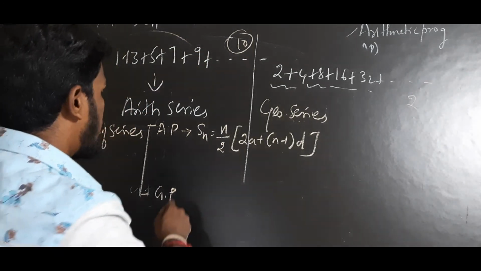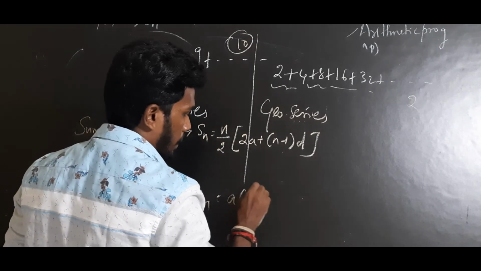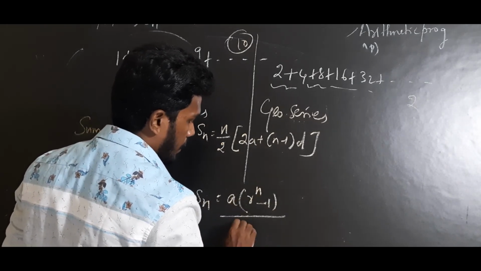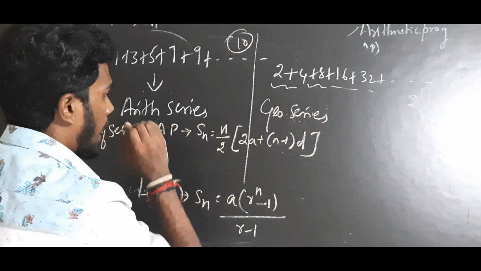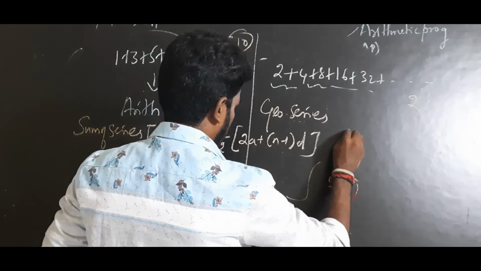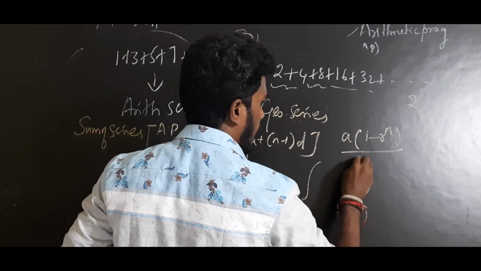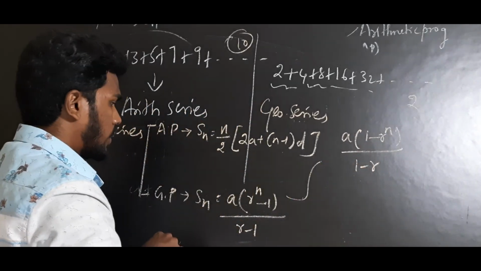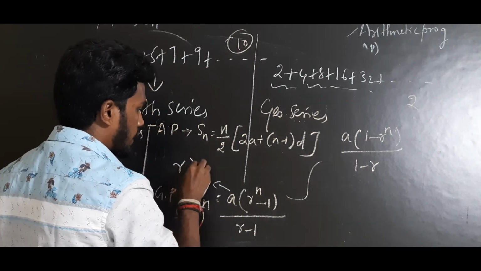And for GP, we have a formula S of n is equal to A r to the power n minus 1 divided by r minus 1. This is one formula. And another formula will be A 1 minus r to the power n divided by 1 minus r. You use the first formula when your ratio r value is greater than 1.